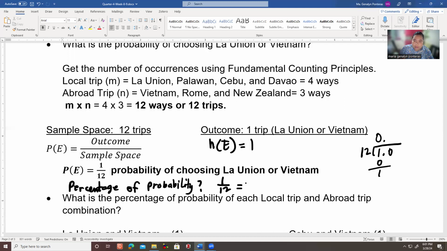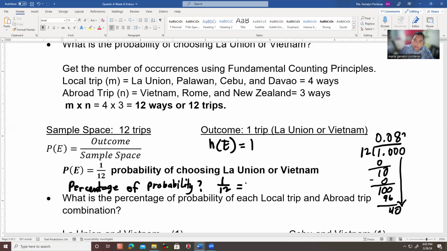Then add a decimal point, so 0 again. Then you have 100. So 8 times 12 would be 96, 4, that would be another 0.